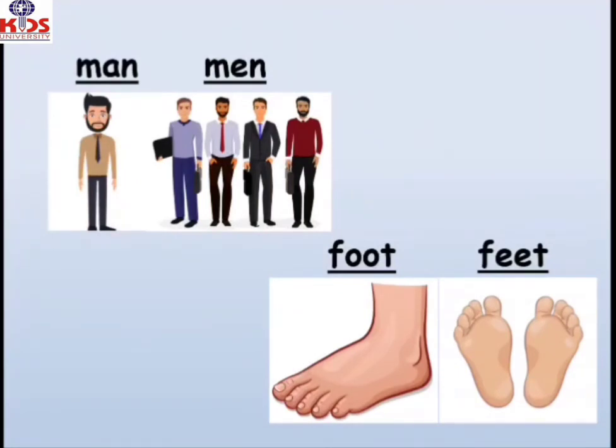Here, the vowel a is changed into e. Another one is foot. The singular form foot is changed into feet by replacing oo with double e. O is also a vowel and e is also a vowel. So always remember, some nouns form their plural by changing the vowels which are inside them.